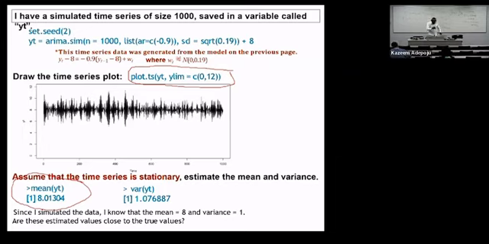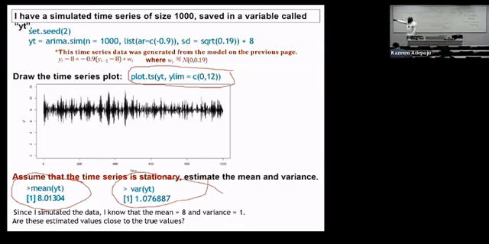Now, if you want to get the sample variance, it's just going to be var of YT. I need you to take note of that. Now, what did I say? Since I simulated this data set, I already know the mean and the variance. But the mean and the variance that I know, we're going to call them the population mean and variance, or theoretical mean and variance.